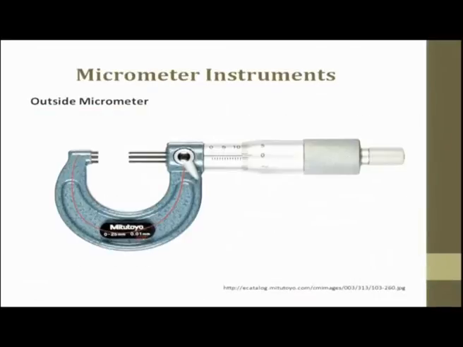This is the main scale and this is the vernier scale, and here is the screw. We keep the component here and start rotating, and once it is very close and tight, we rotate this knob until we get a click sound. The moment we get a click sound, uniform pressure is applied, so we stop and look at the readings of the main scale and the vernier scale.